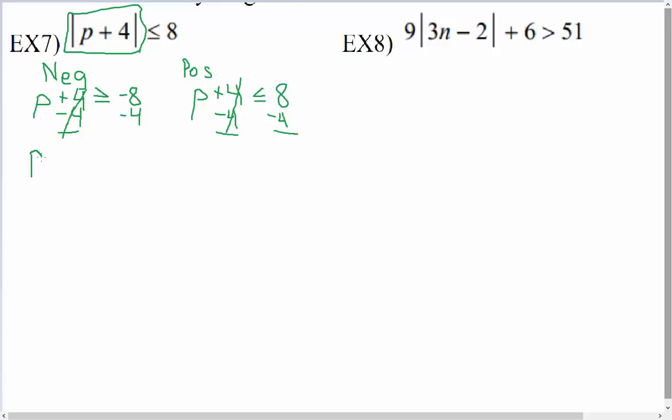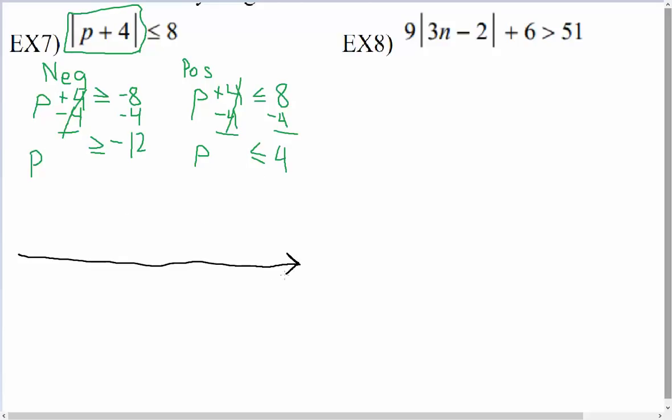So that gives us P is going to be greater than or equal to negative 12, as well as P is less than or equal to 4. So we've solved the inequality.